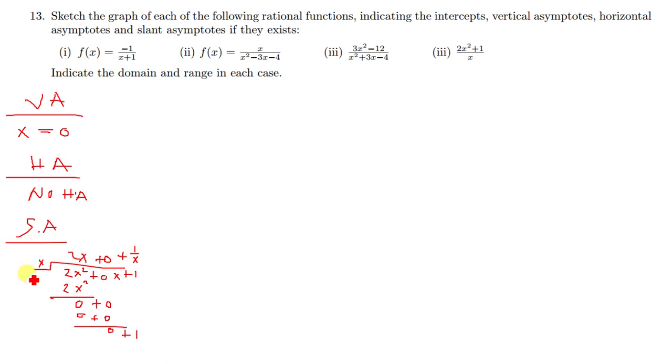When you multiply there, you have 1. When you subtract, it's going to be like that. Having found that, we said the quotient is always the slant asymptote. Oh, sorry.